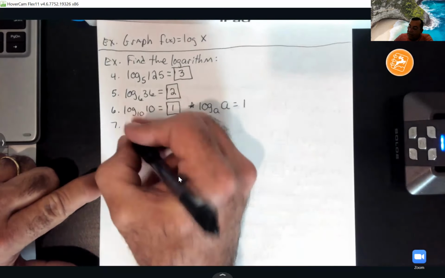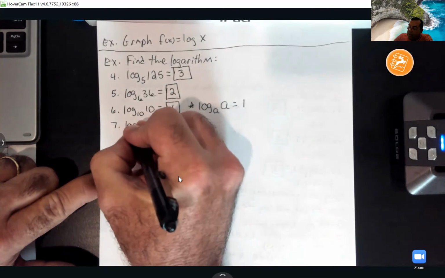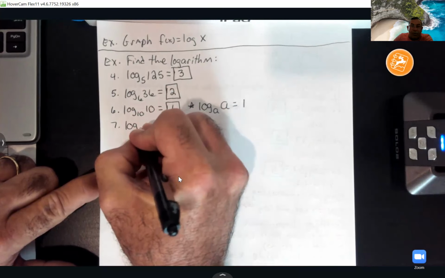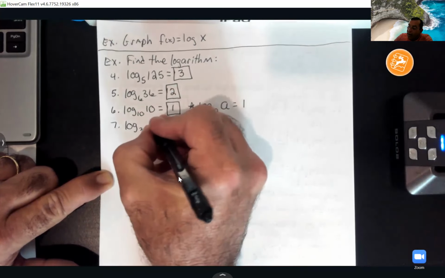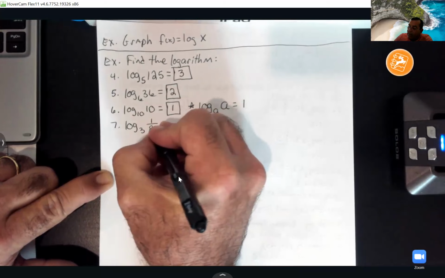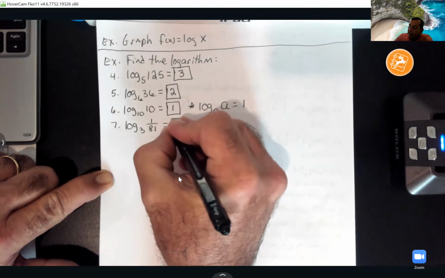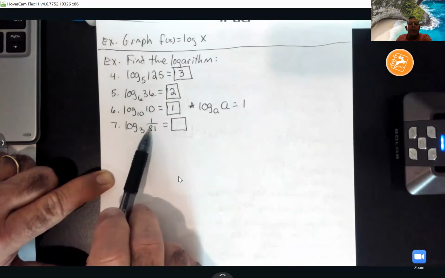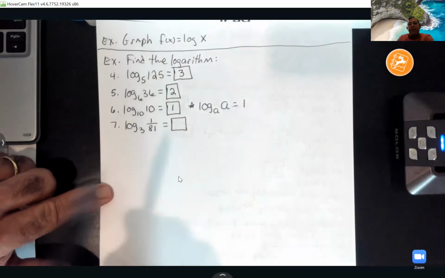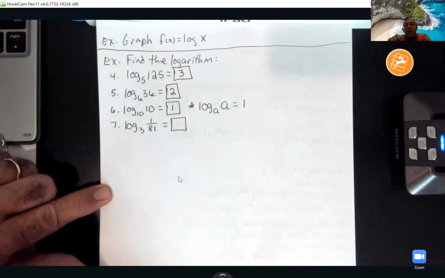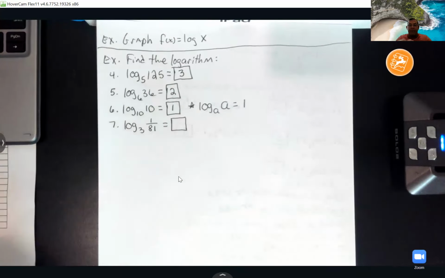All right, number 7. Log base 3 of 1 over 81. Let me tell you, when you got fractions, those exponents are going to be negative.